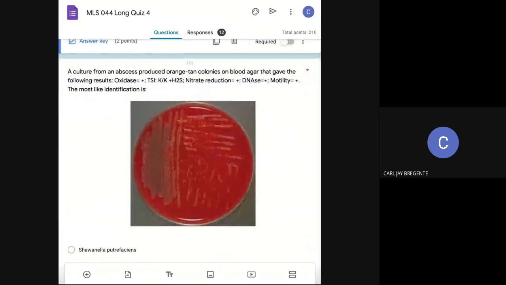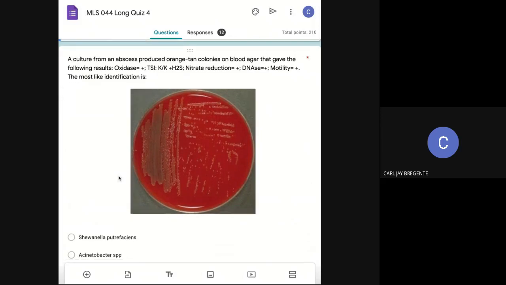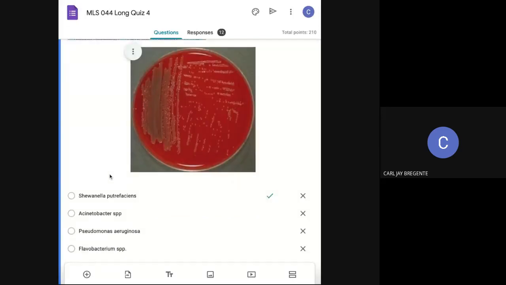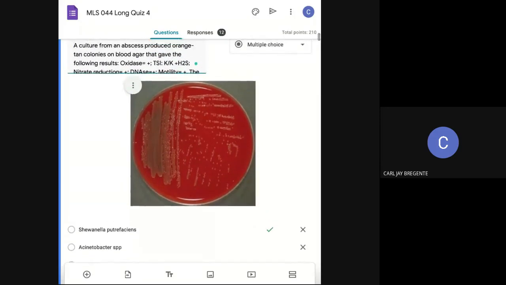Next, a culture of an abscess produces yellow orange tan colonies with the following biochemical results. So this is a characteristic of Shewanella putrefaciens. Your Shewanella putrefaciens class produce orange to tan colonies, and it also produces H2S on both TSI and KIA.